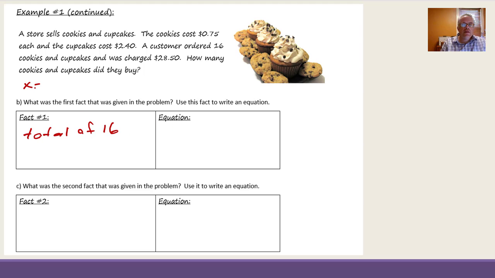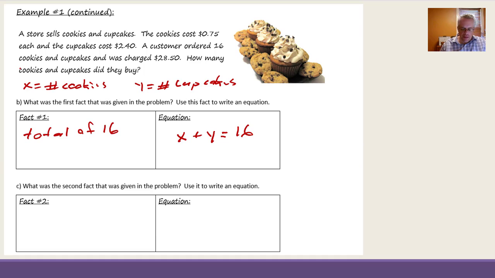If we let x equal the number of cookies and y equal the number of cupcakes, we can represent this fact with an equation. The total is 16. That just means x plus y equals 16. That's our first equation.